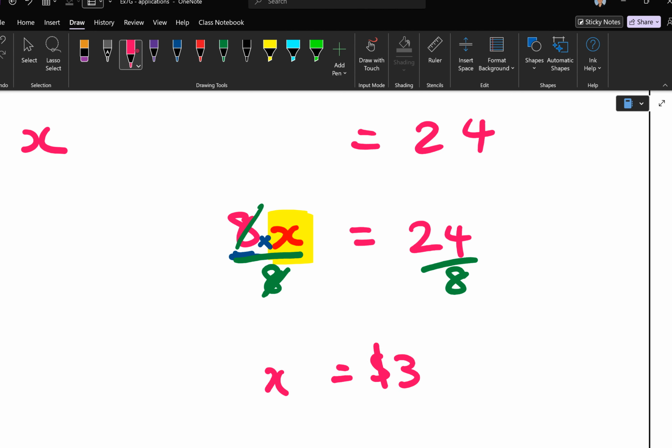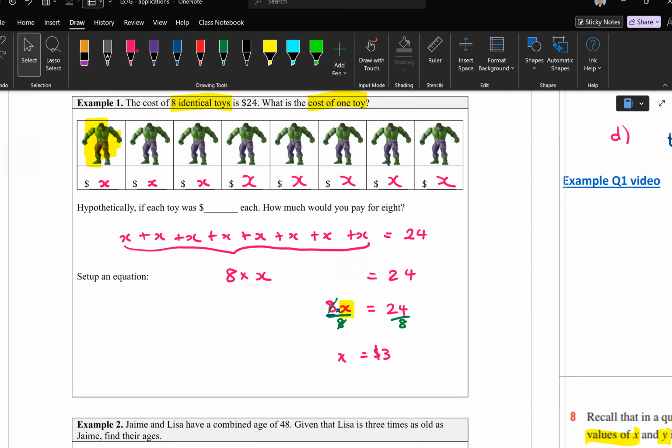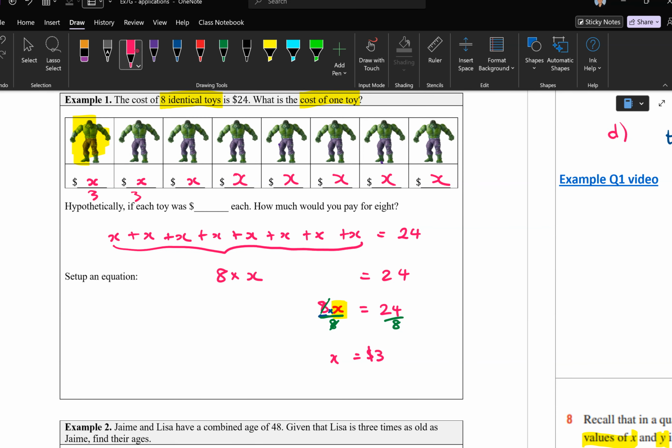That means each toy had to be $3 each, so that if you add them all together, it would have been 3 plus 3 plus 3 plus 3 plus 3 plus 3 plus 3 plus 3. That's the only way that you would have spent $24 if it's the same toy, same cost. Okay, so this is the idea. Each toy was clearly $3 each.